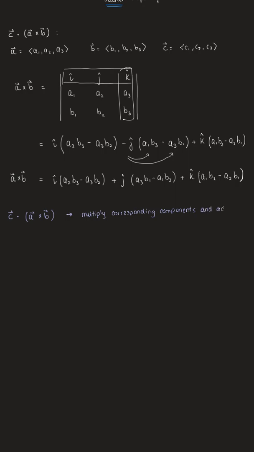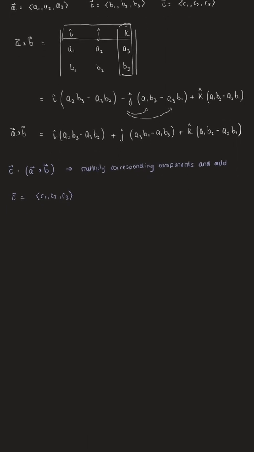So I'm going to write our vector C as C1, C2, C3, and I'm going to find its dot product with A cross B. And again, in this case, order does not matter when we're doing a dot product.